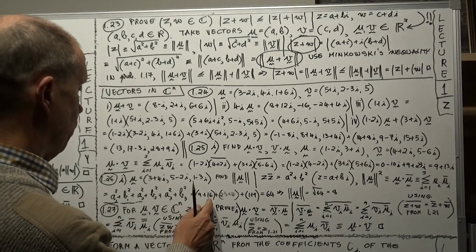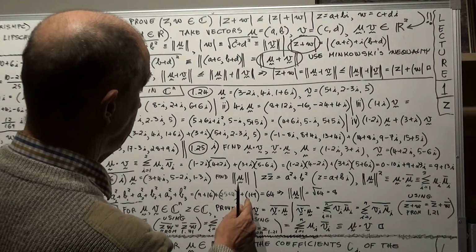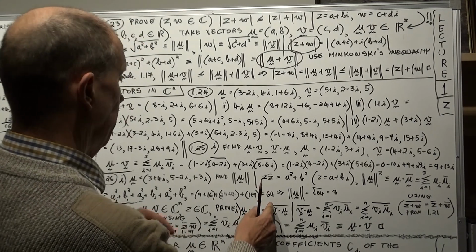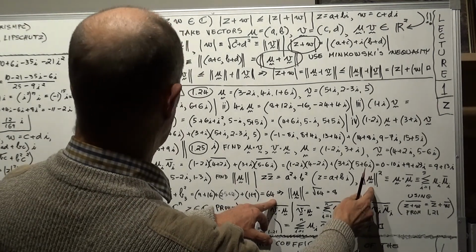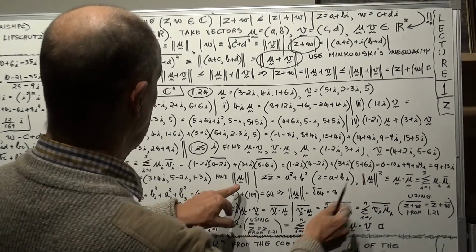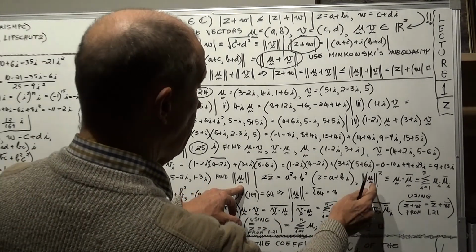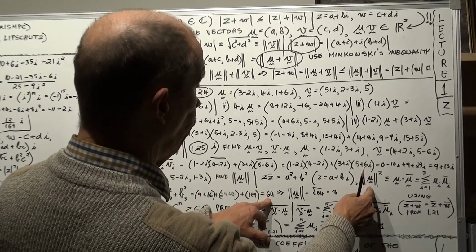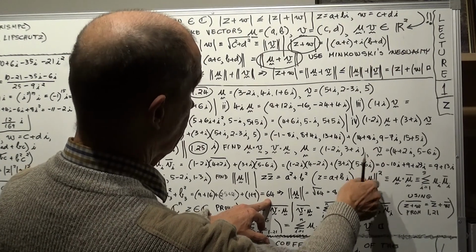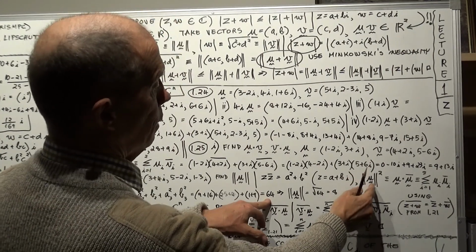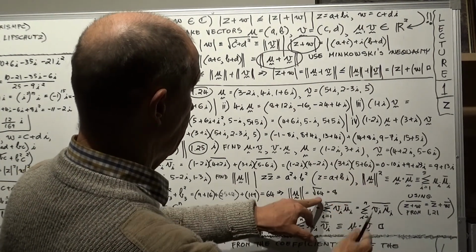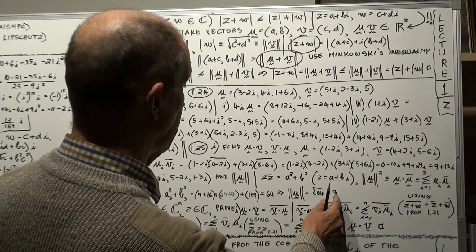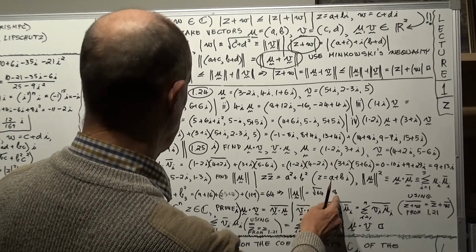So you'll get 25 plus 29 plus 10, which is 64. And what are we trying to find? We're trying to find the norm of u. So the norm of u squared is 64, and therefore, if you take the square root of both sides, the norm of u will just be 8. So we've calculated that the norm of u is 8.